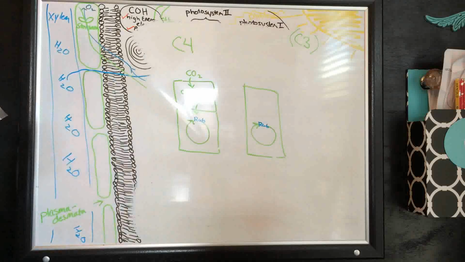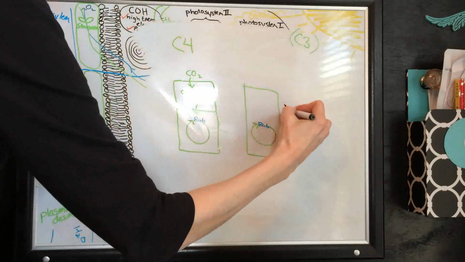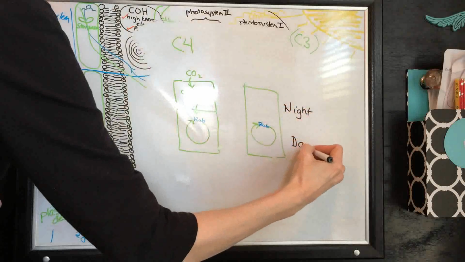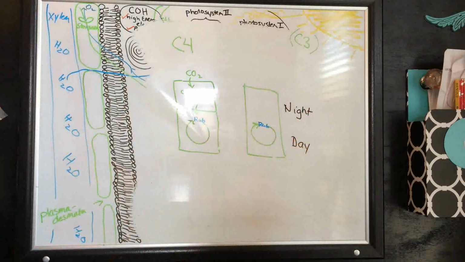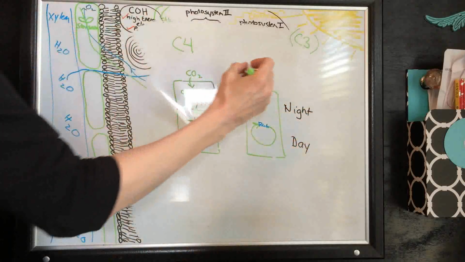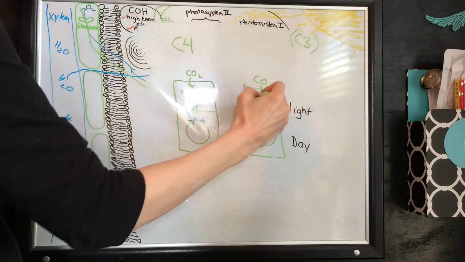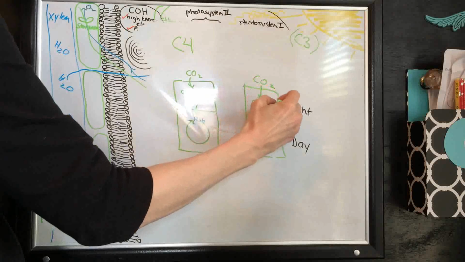The other way to do it is to separate it by time. And so in this case, nighttime versus daytime, when it's nighttime and the stomata are open, this plant will bring in as much CO2 as possible and store them as all different kinds of carbon molecules, usually 4s.